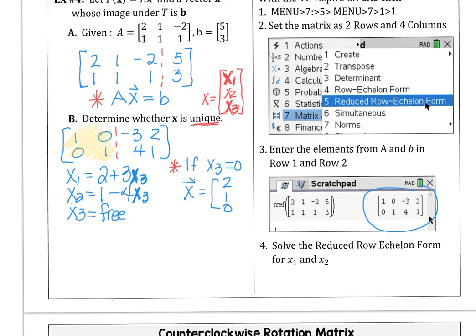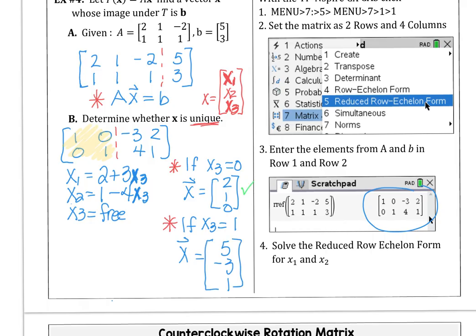But what would happen if we let x sub 3 be 1? Then if x sub 3 is 1, we end up with an x bar that is 2 plus 3, 1 minus 4, and 1 for our x sub 3.